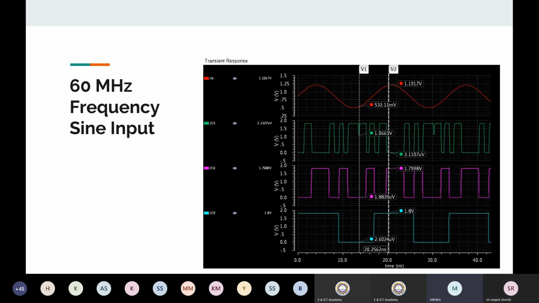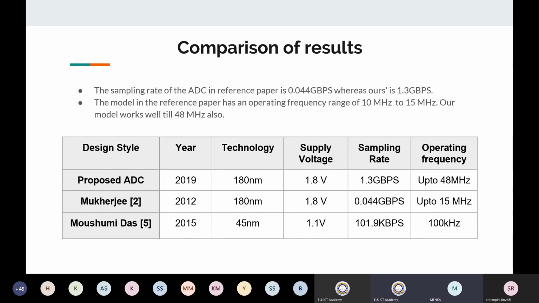So it should be used below 60 megahertz so that we can get a better response and good output.